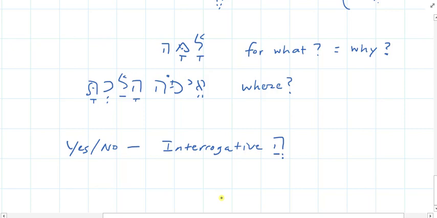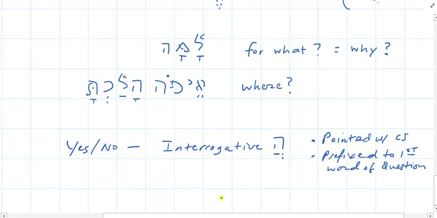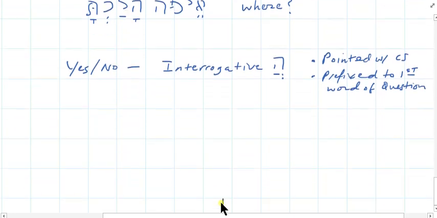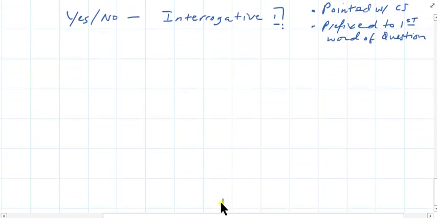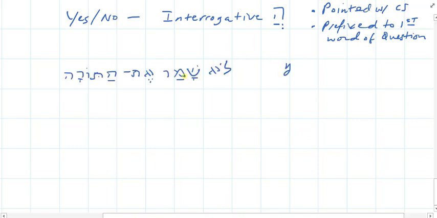That is a compound shiva. A compound shiva. That's how we're going to see this interrogative hey. Pointed with a compound shiva, and the interrogative hey will be prefixed to the first word of the question. So if you look at lo shamar et haTorah, this is not he keep or kept, not he kept et haTorah, the Torah.